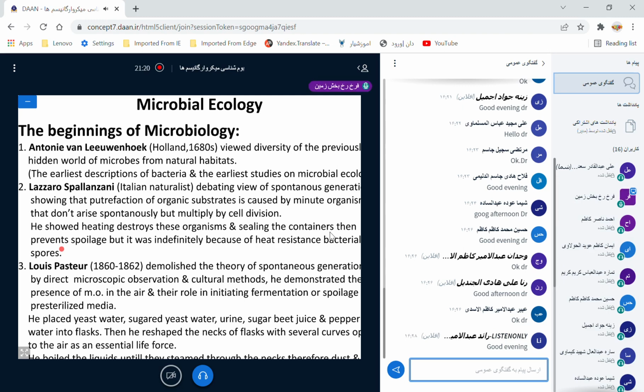After sealing the flask, they can grow again. And those scientists believed that there is spontaneous generation.